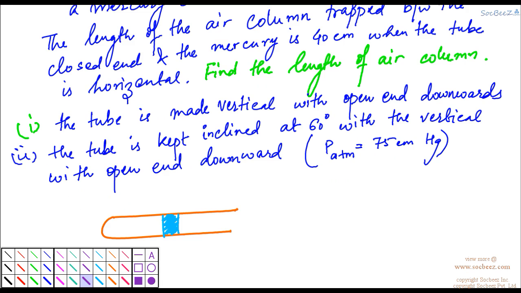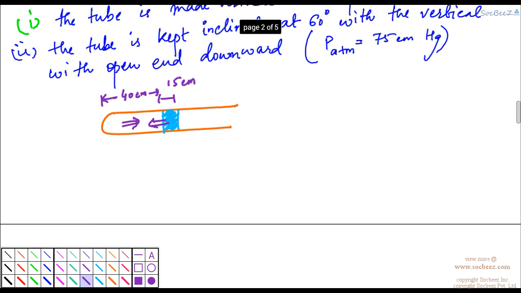The mercury will flow down till the pressure exerted by the mercury is equal to the pressure exerted by the gas on the mercury. When both forces get equalized, the motion of the mercury stops. So when the test tube is kept in the horizontal position, you have the air column as 40 centimeter, and then there is a column of 15 centimeters of mercury. So this was how the forces got balanced in the horizontal situation.